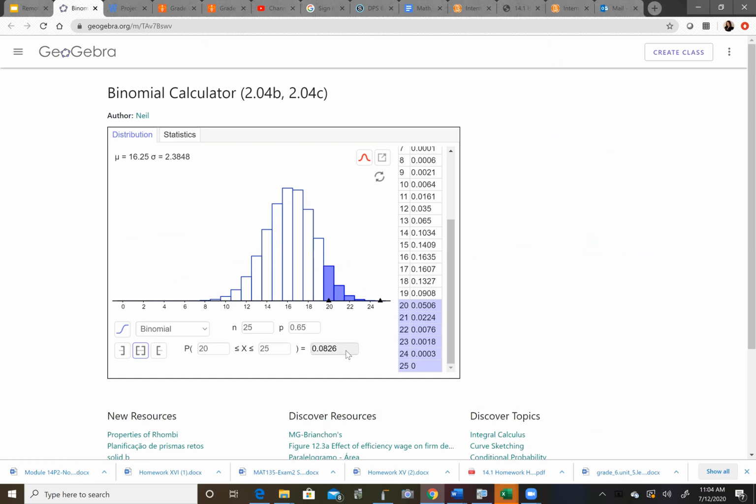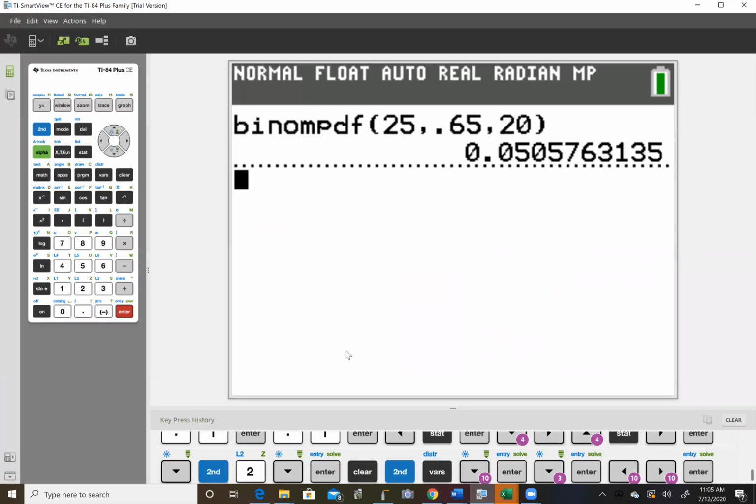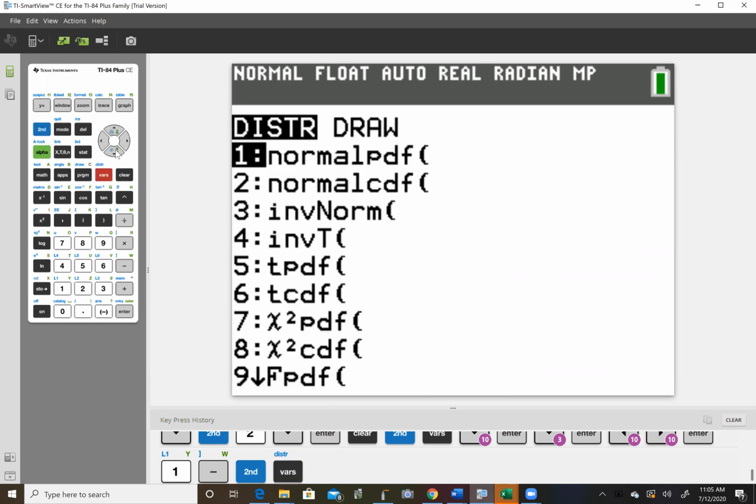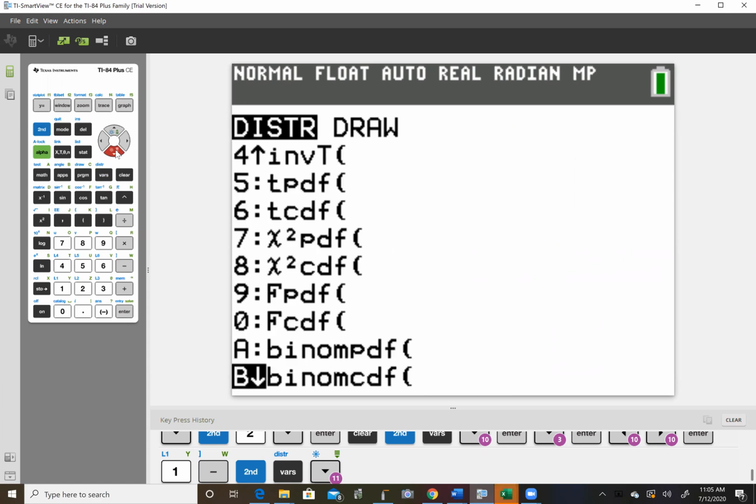We're subtracting all of those white ones from 100% because everything under the curve needs to add up to 1 or 100%. So if you actually type this into the calculator, I would say 1 minus, okay, and then second var, arrow all the way down to B, we want the CDF.